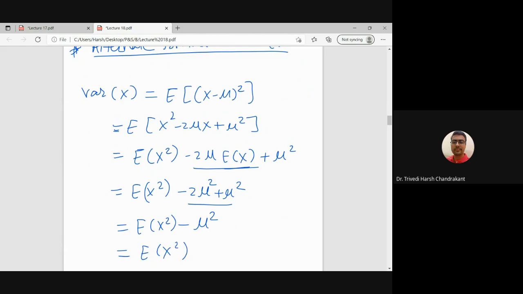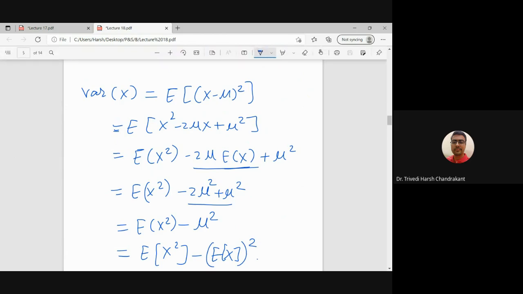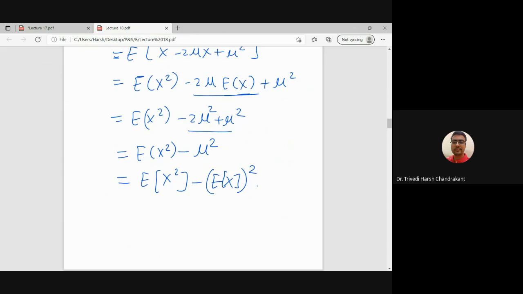What we get is the expectation of x squared minus the square of the expectation of x. So this is another formula of variance in terms of moments.